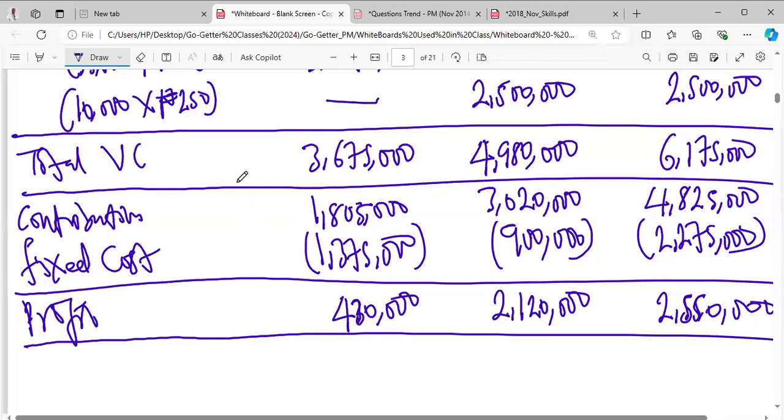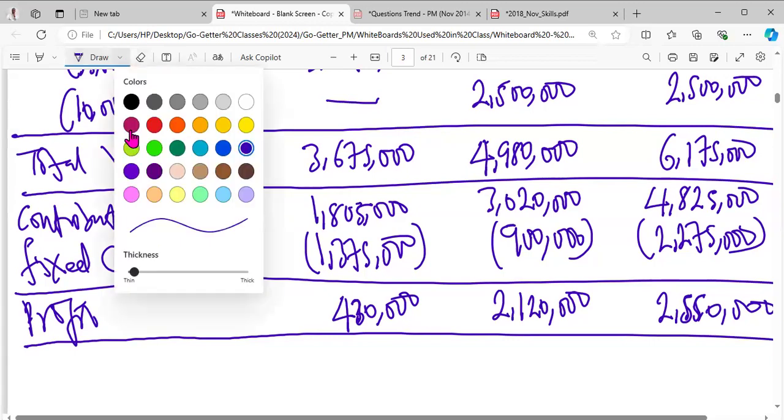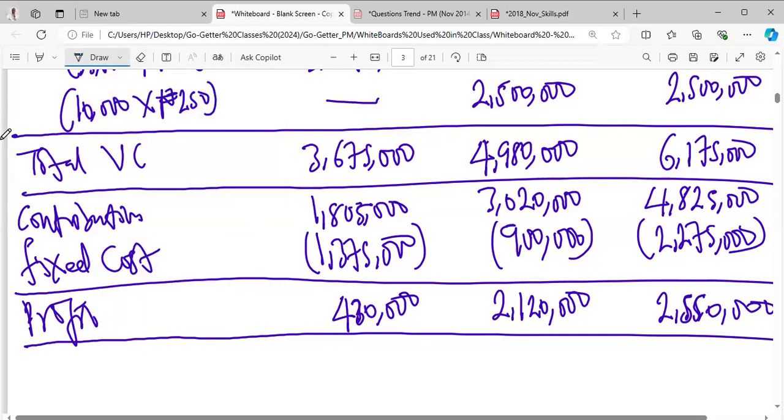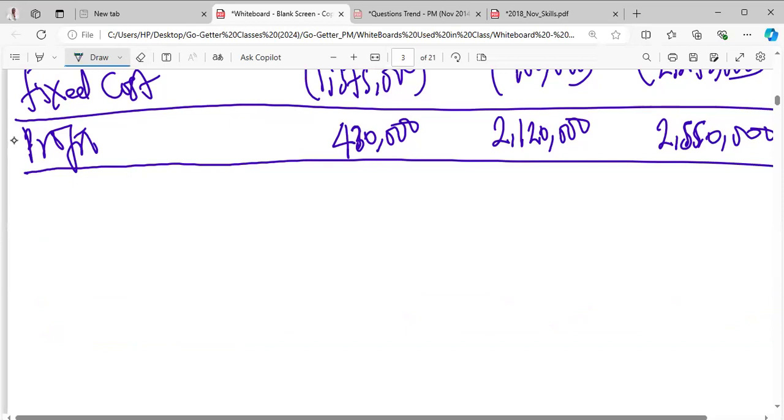Now let's get to the C part. Let's solve the C part now. So the C is external demand.